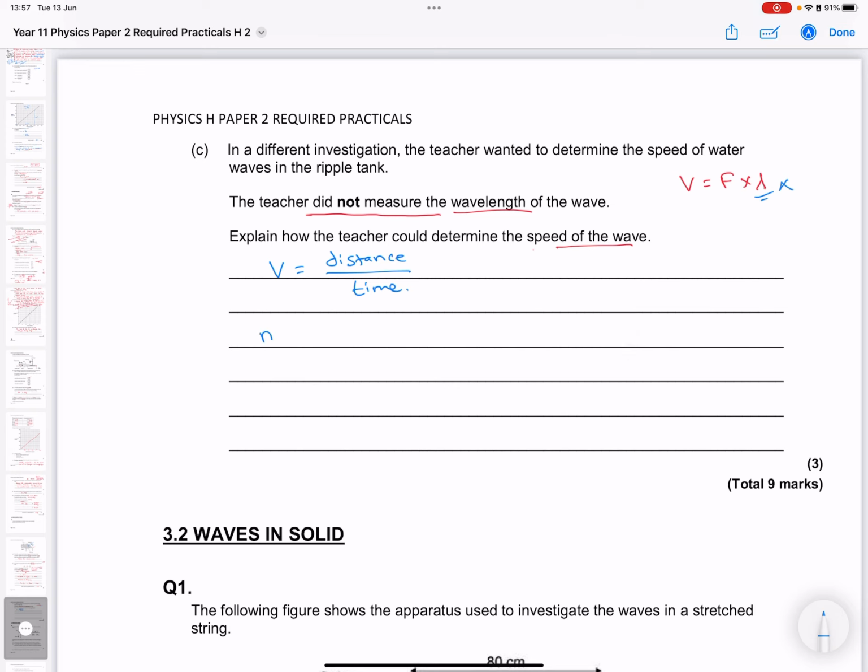So measure a set distance in the ripple tank using a meter ruler.